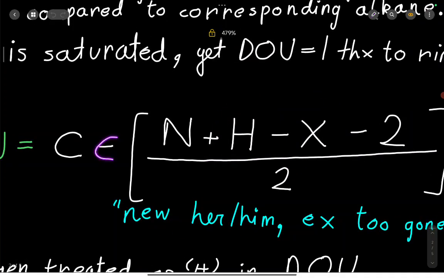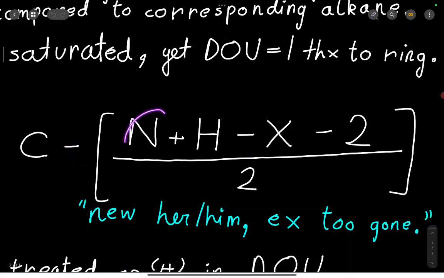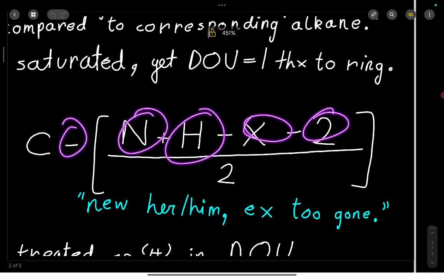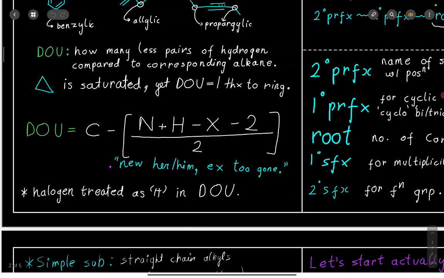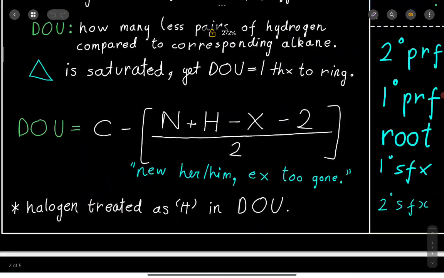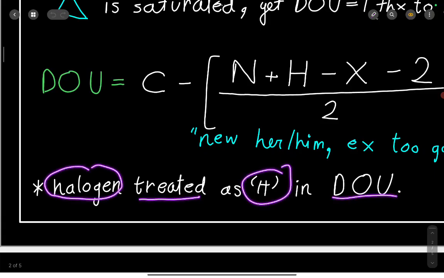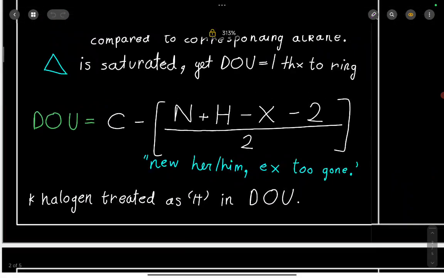Gone in the sense this is subtracted from the number of carbon. Nu, her, x, 2, gone. Basically you have moved on from somebody. And just so you know, an extra point they can ask as an MCQ: halogen is treated as hydrogen while counting degree of unsaturation.